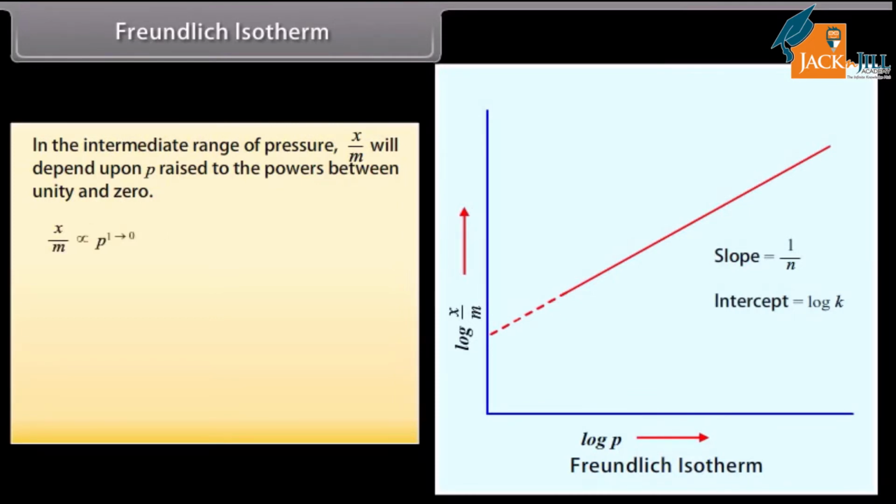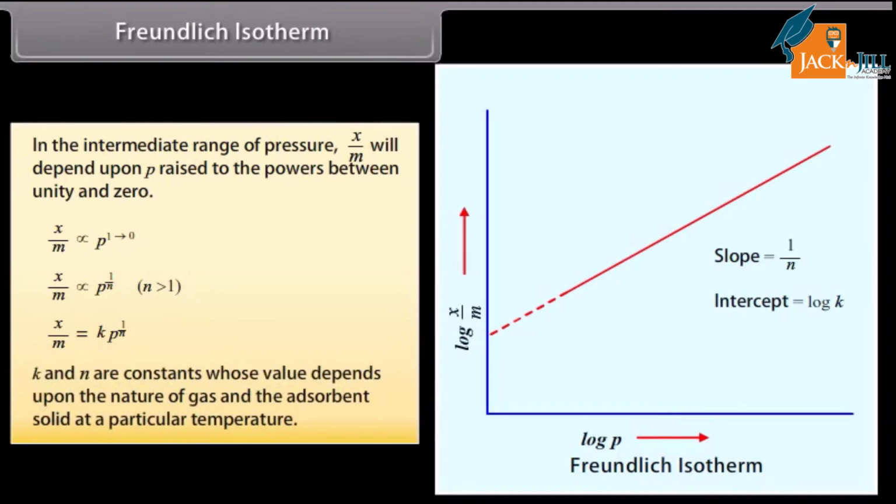This can be expressed as x/m ∝ P^(1 to 0), or x/m ∝ P^(1/n), where the value of n is greater than 1, or it can be written as x/m = k P^(1/n). K and n are constants, whose values depend upon the nature of the gas and the adsorbent solid at a particular temperature.